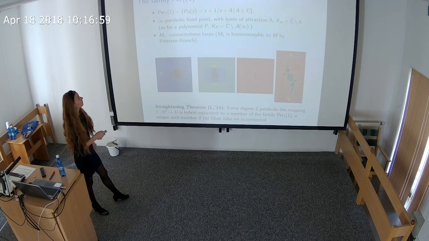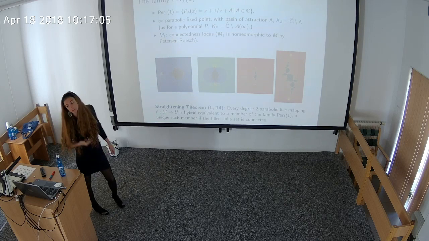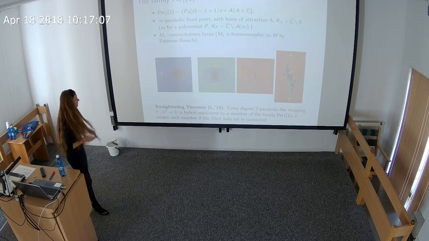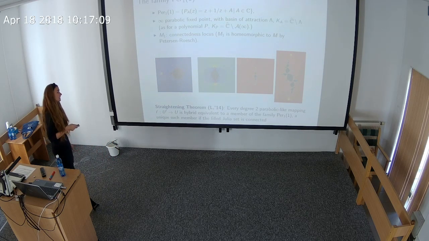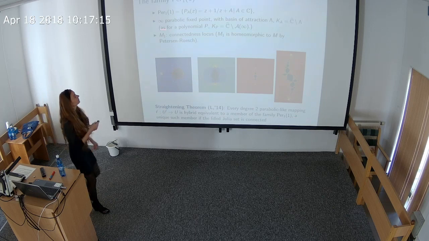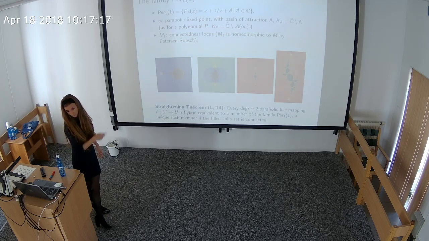And by a work of Carsten Petersen and Pascal Hoche, the parabolic Mandelbrot set is homeomorphic to the Mandelbrot set. And what I proved in my thesis is that every degree 2 parabolic-like mapping is hybrid equivalent to a member of the family Per 1, 1. So we have a parallel of the polynomial-like theory.